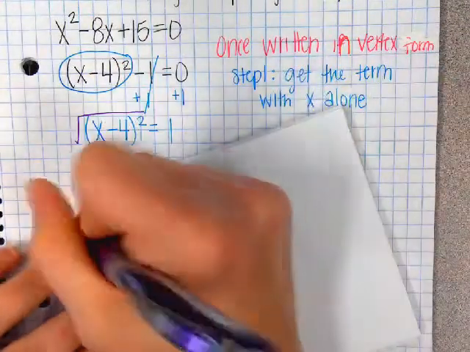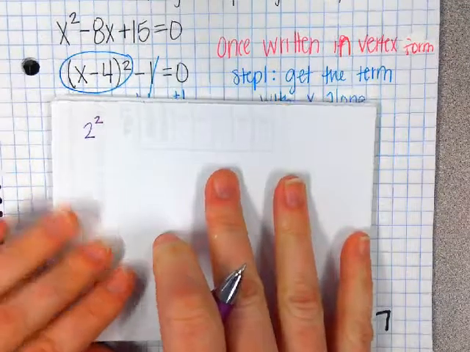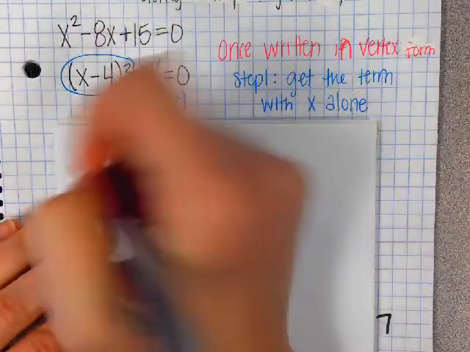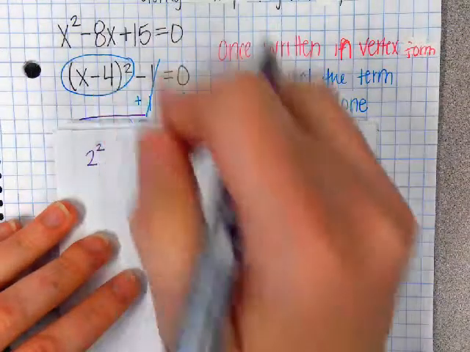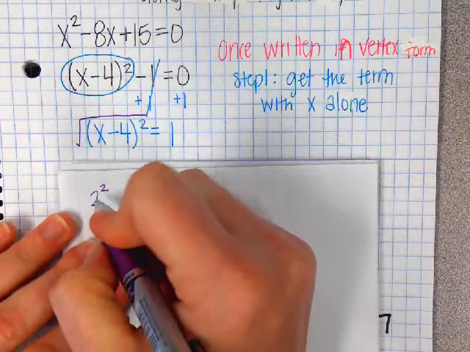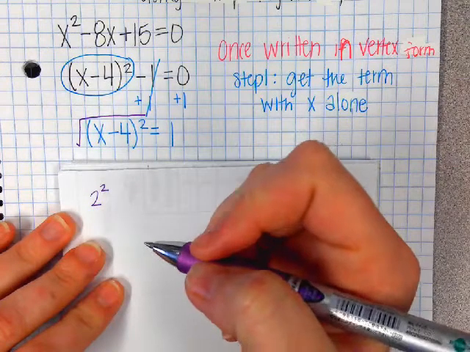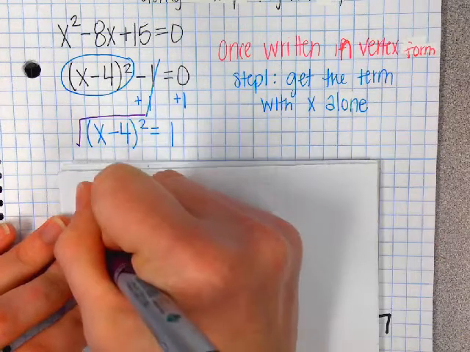If I have 2 squared, what is 2 squared? And if you're writing this down, put it over on the side, somewhere else. It does not really go with this. I'm just showing you why I took the square root. So what is 2 squared? 4, because 2 times 2 is 4.